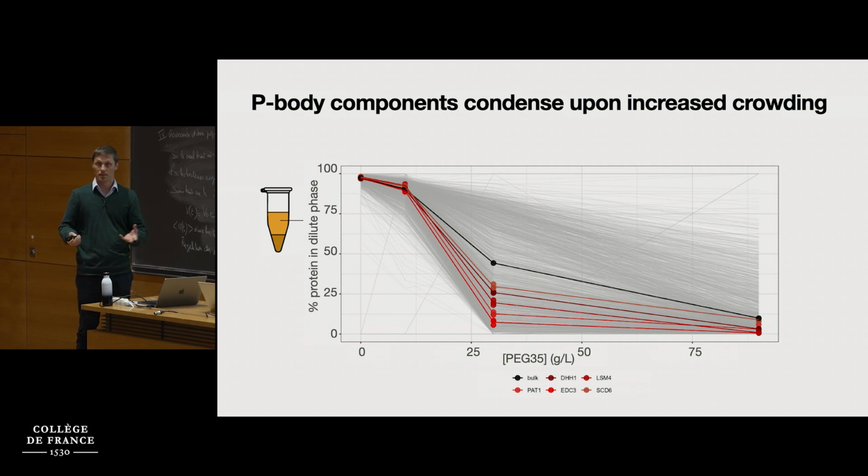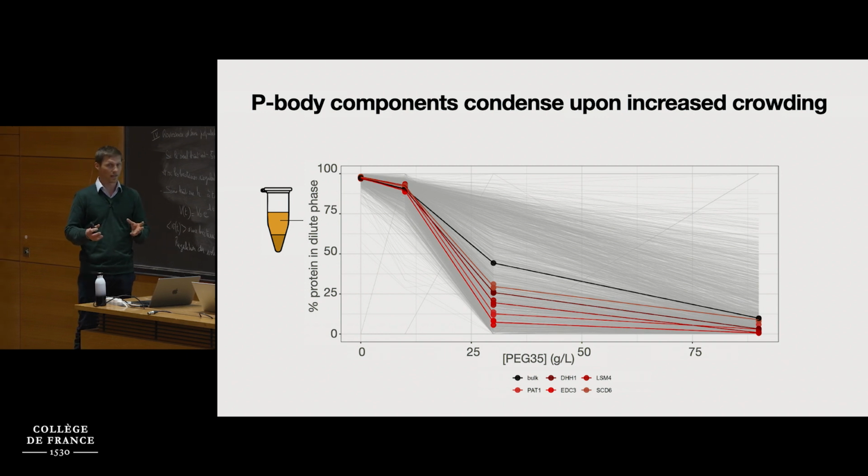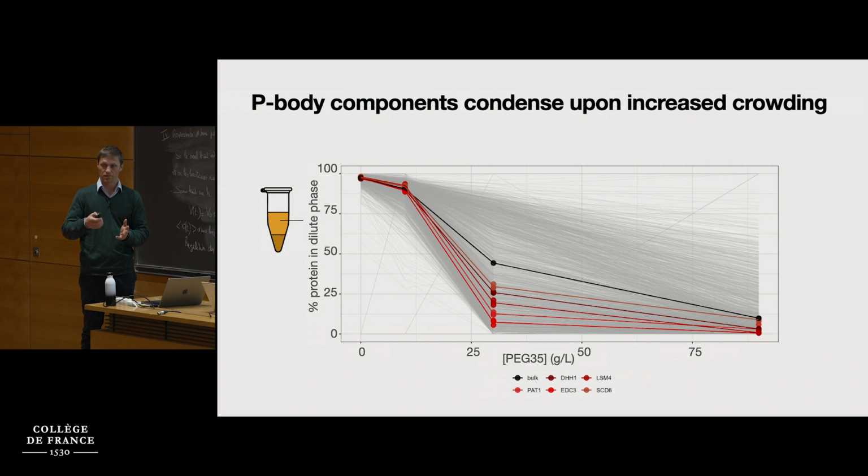P-bodies are liquid condensates that form in response to various stresses, and they contain inactive polysomes, ribosomes, etc. All of the P-body components we found in our data set preferentially phase separated when we increased crowding, which was good to see, since that is what you would expect.